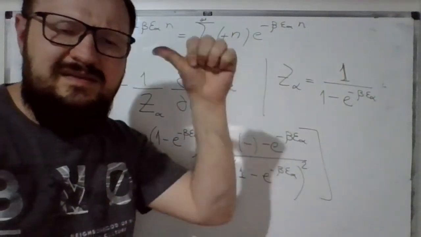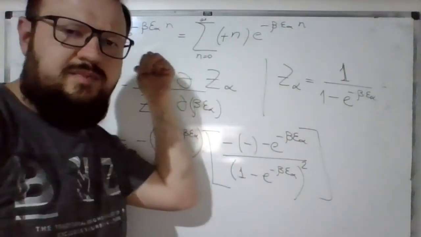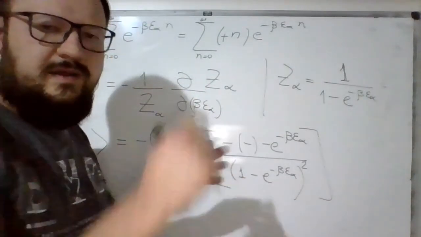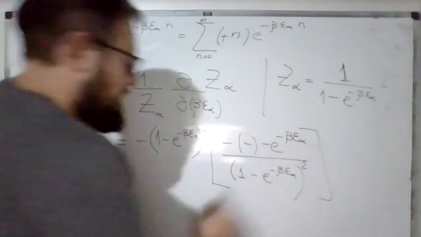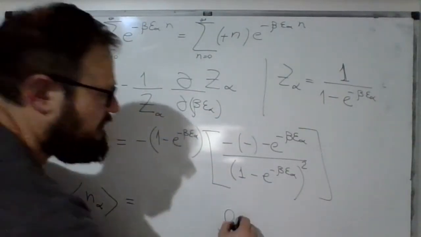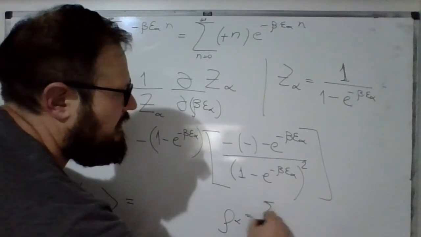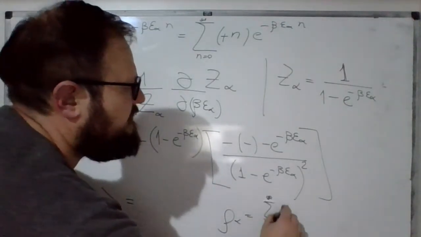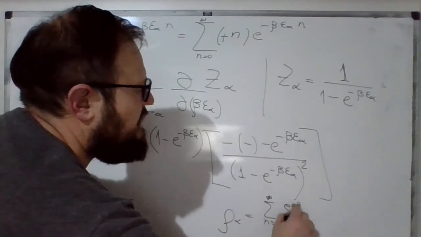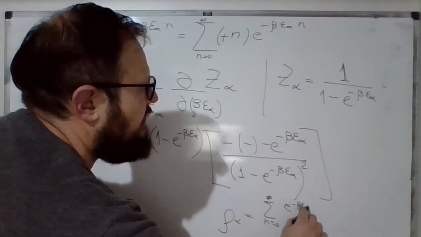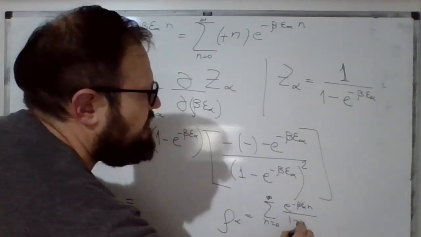I guess I did it wrong in the previous calculation, where I specified the rho function. Let me remember the rho function of alpha. I had it written the following way: from 0 to infinity, e to the minus beta e alpha times n, divided by this factor.